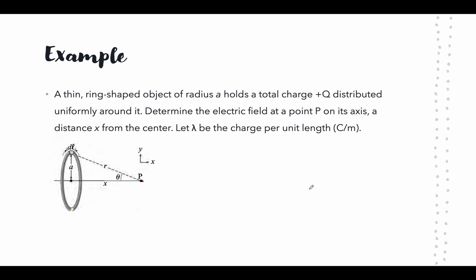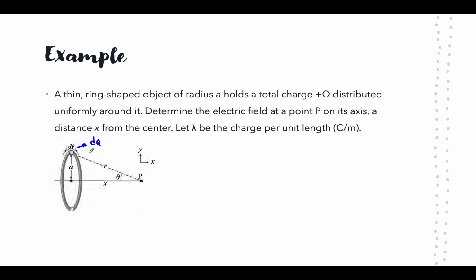If I want to find the total electric field at point P, let's see what we have to do here. What we have is a little piece of the ring, a little dl. Now this length differential has a charge differential dq.